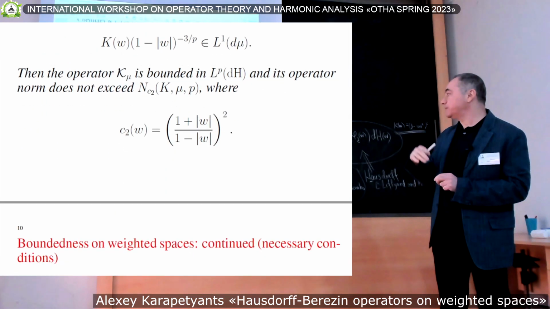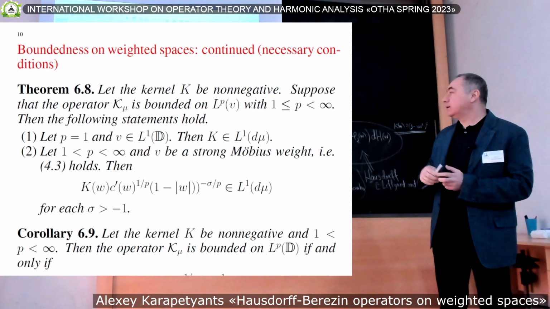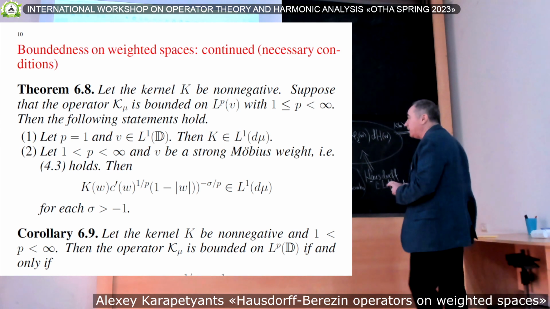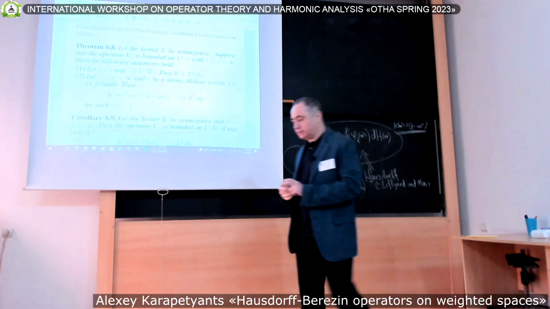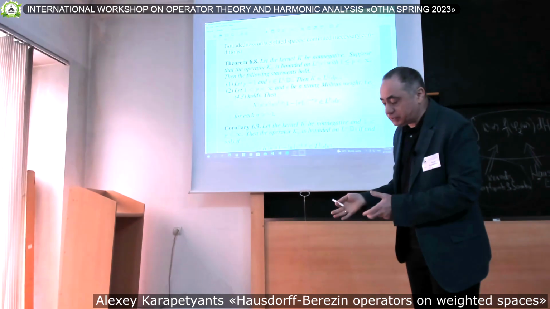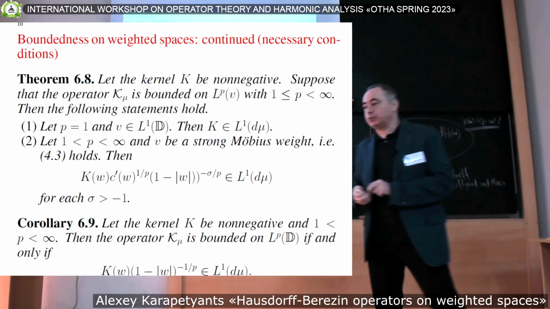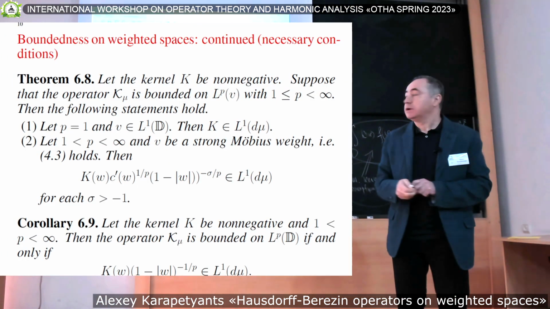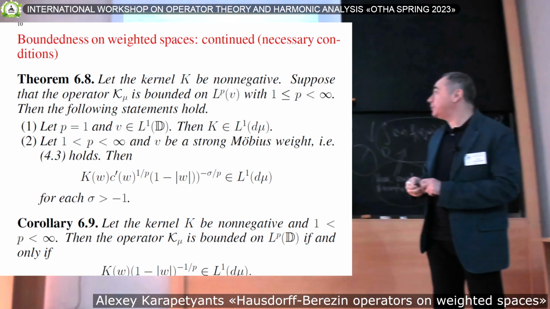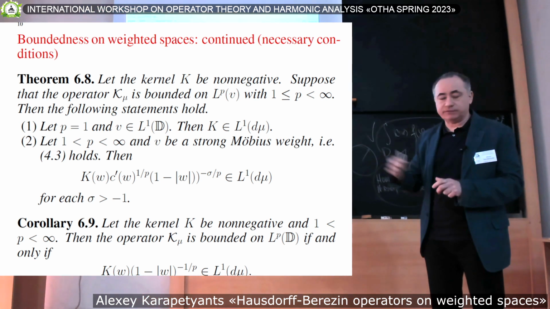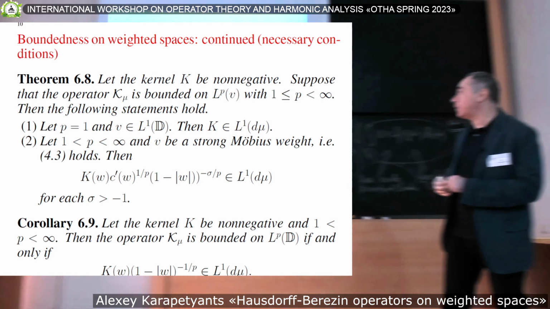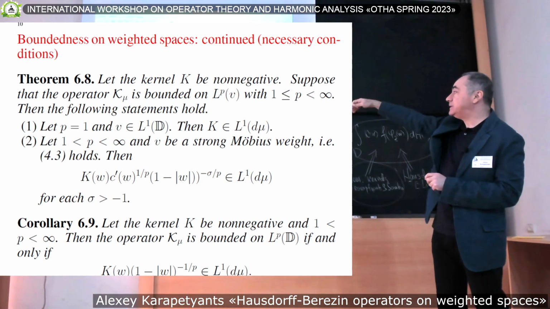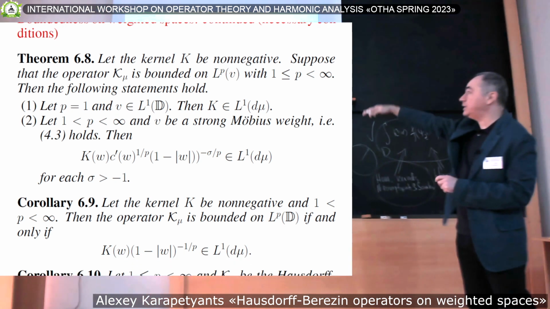Okay, further please. Stop. Also, in the study of operators of this type, we have sufficient conditions, but it's great also to have necessary conditions. Necessary conditions we usually obtain when the kernel is non-negative. It's natural. So if the kernel is non-negative, then, well, I will not read the theorem.